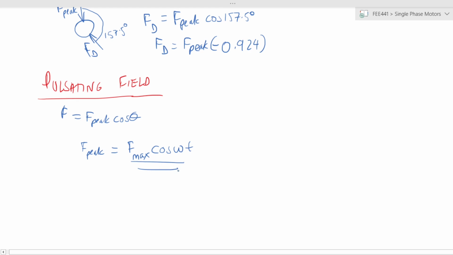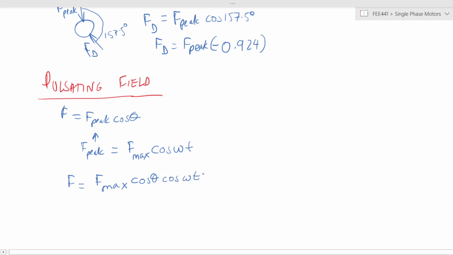This is the representation of the way the voltage changes when you have an AC voltage being applied. Okay. So now that means that this F peak, because it is changing within F, you have F being altered by two different components. You have the time component and you have the space component. So cosine theta times cosine omega t.